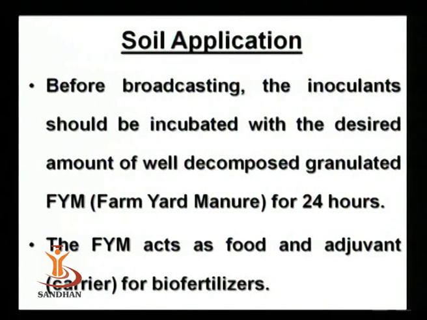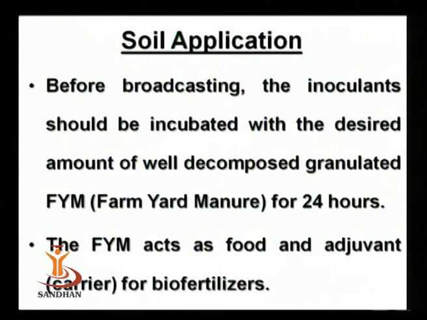So before broadcasting, the inoculum should be incubated with the desired amount of well decomposed granulated farmyard manure. Now what is farmyard manure? Whenever we see, manure is an organic material which will promote plant growth. Now manures are of different types. It may be plant origin or animal origin.